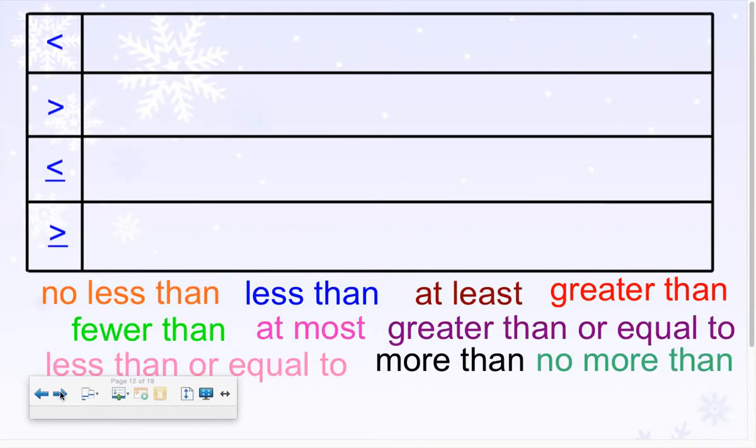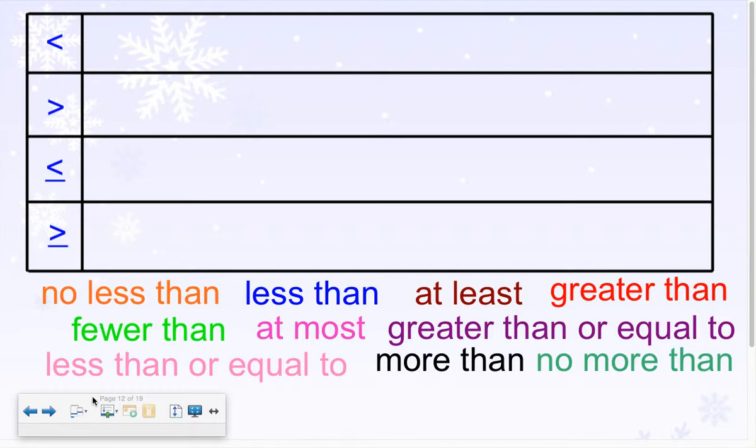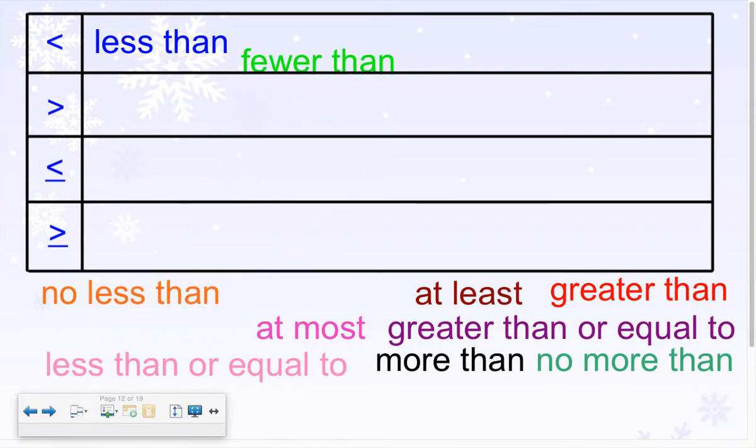All right, so the first thing we need to do is figure out which words go with which inequalities. If I start at the top, the first inequality is less than, so I'm going to look for less than. Another one that is the same as less than is fewer than. So fewer than and less than both go with the less than inequality.